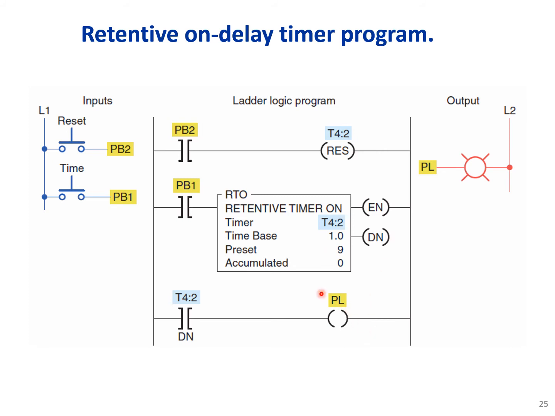So that pilot light will stay true until I push push button 1 again, and then it will keep timing. So what if I want to reset the accumulated time? I need to press this reset push button and then the timer will be reset.